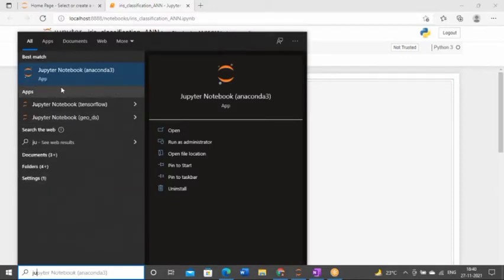See, here in our machine, I think it is visible that I have three kinds of Jupyter Notebook. One is Jupyter Notebook Anaconda 3. It is written in the parenthesis. Here it is written Jupyter Notebook TensorFlow, and here it is written Jupyter Notebook GODS.